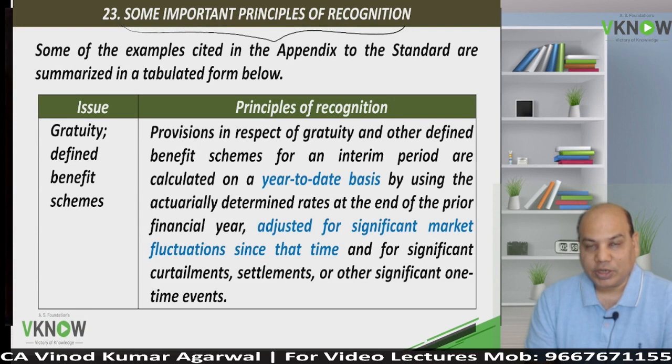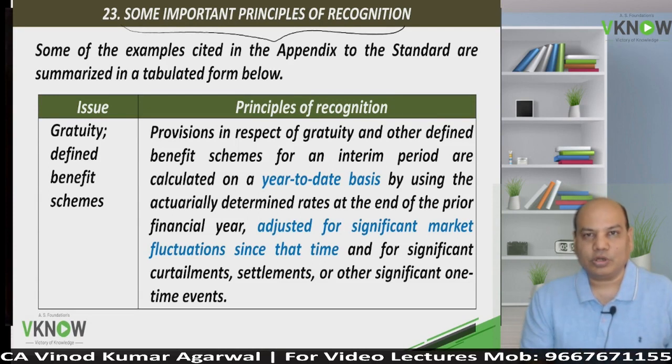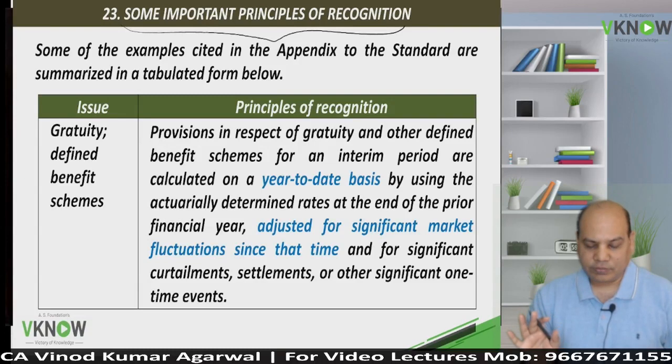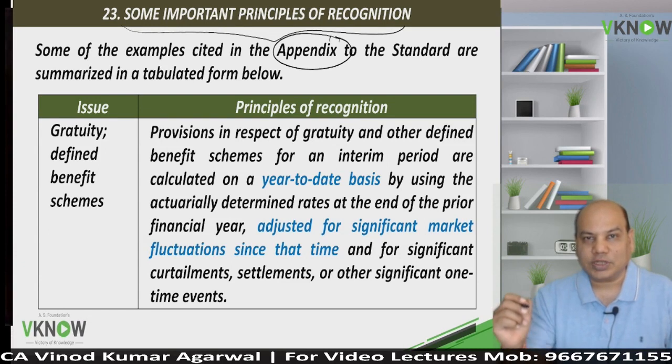In the interim period, recording certain transactions is a little challenging because we don't have so much time, and we will not take the same effort that we take for annual accounting purposes. And that is why the standard in its appendix has given you some guidelines for certain special items.